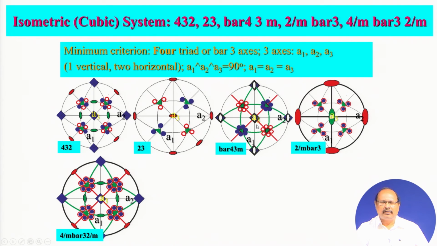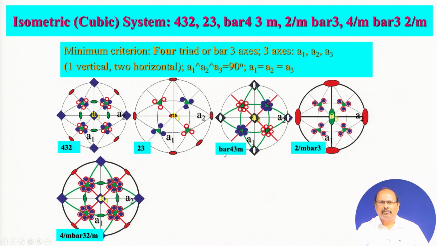Only there is a difference between the crystallographic axes that are present in the 5 point groups under the isometric crystal system. In case of 4 3 2, the crystallographic axes coincide with the 4-fold axes, one vertical and 2 horizontal. In case of 2 3, the crystallographic axes coincide with the 3 2-fold axes of symmetry, one vertical and the other 2 horizontal.